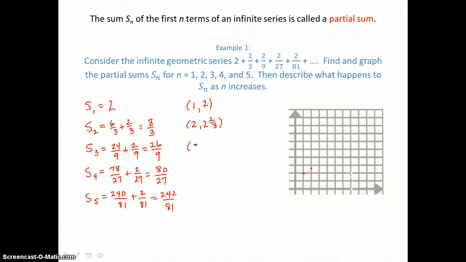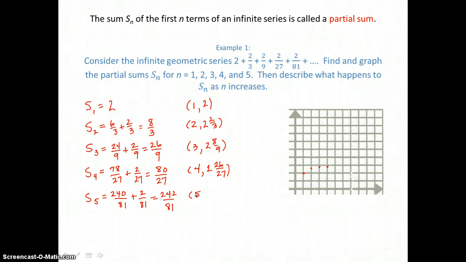Okay, then when n is 3, our sum is 26/9, or 2 and 8/9. (3, 2 and 8/9). Okay, when n is 4, our sum is 80/27, or 2 and 26/27. See the pattern? (4, 2 and 26/27). So we're getting infinitely close to a horizontal line that crosses the y-axis at 3 with these ordered pairs.